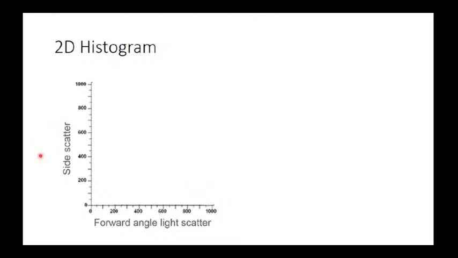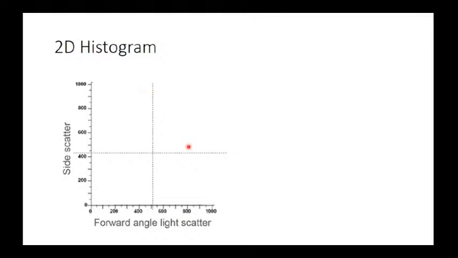In this case, I'll get something called a two-dimensional histogram. The two-dimensional histogram, from its name, is two-dimensional, so I have side scatter and forward scatter data all together. In this case, what I get is something similar to this. So I have here four quadrants. If the cell appears in the lower quadrants, it means that it has low signal on the side scatter detectors, which means that the cell is simple.